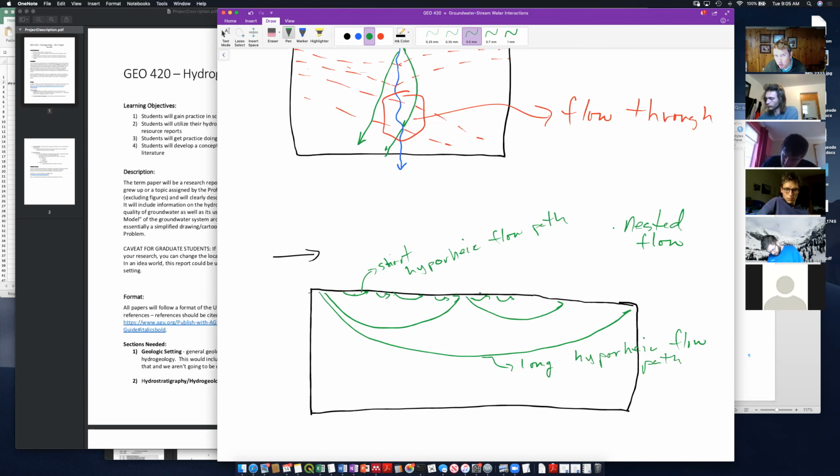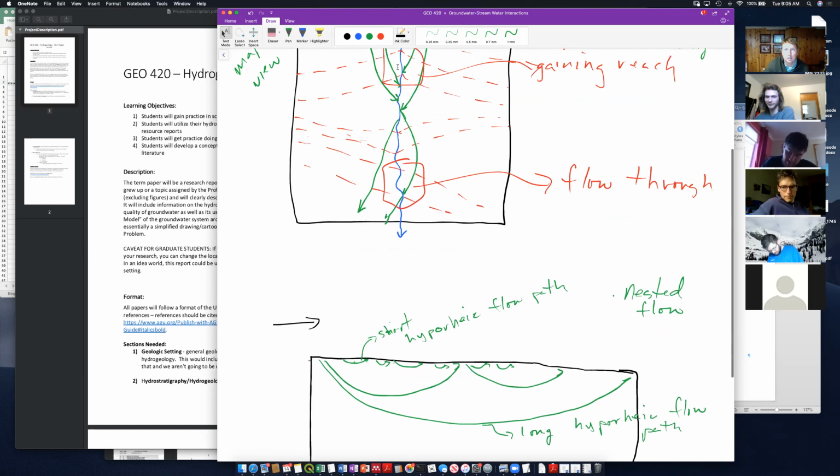We have very short hyporheic flow paths, ones that might originate right here and come right back into the river. These can be very short, even over a ripple scale, over a couple centimeters. Like here, I might have one that just originates right here and comes right back into the river right there.